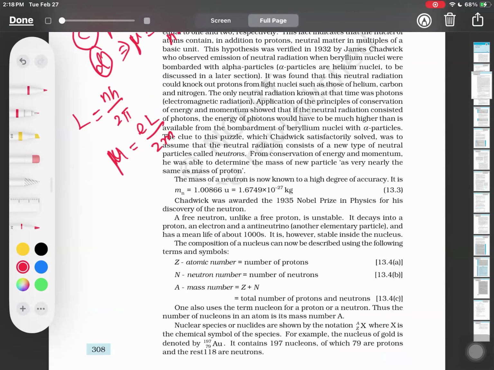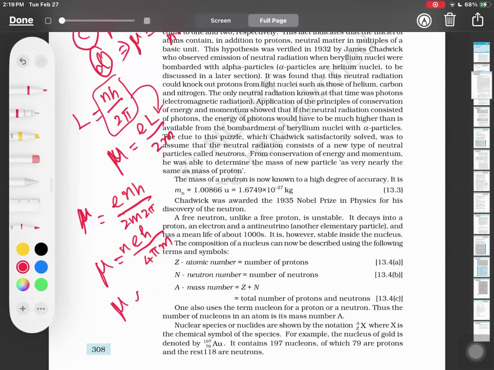Then substitute for L here. So mu is equal to e into nh by 2 pi, and 2m also there, so 4 pi m: eh by 4 pi m. So we can say mu is proportional to n.